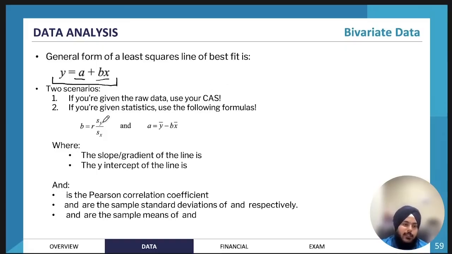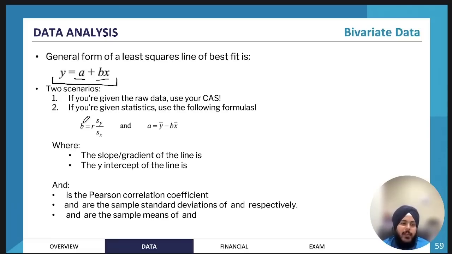You might be told the standard deviation of the y variable, the standard deviation of the x variable, the mean of the y variable, the mean of the x variable, and the r value. If you're given all the statistics, you can manually calculate the a and b values just by using these formulas, which are also in your formula sheet. So b is equal to r, which is Pearson's correlation coefficient, which will be given to you, multiplied by the standard deviation of y, divided by the standard deviation of x.